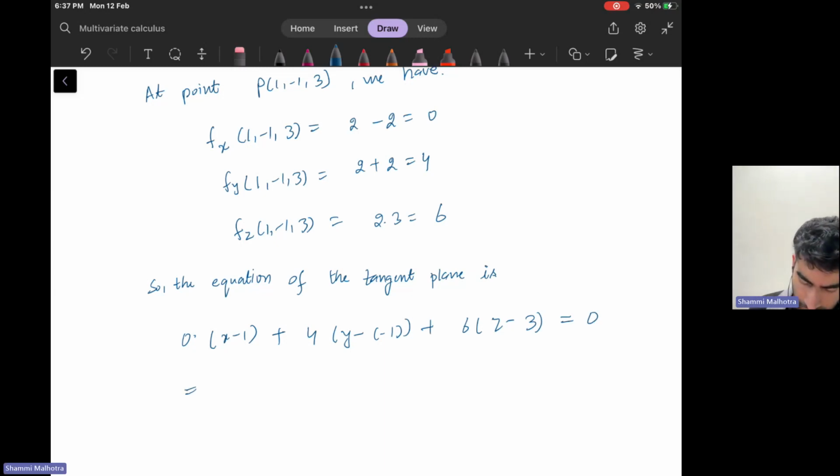So when I evaluate, this is 4y plus 4, plus 6z minus 18 equal to 0. Then this is 4y plus 6z equal to 14.